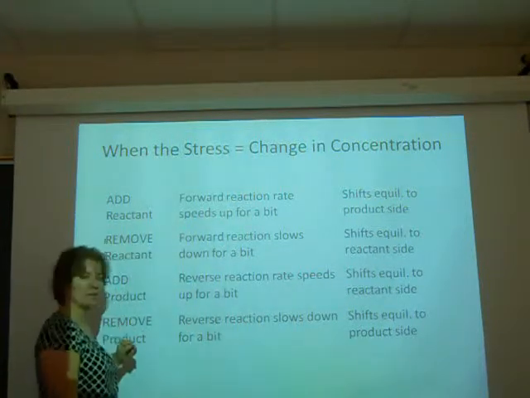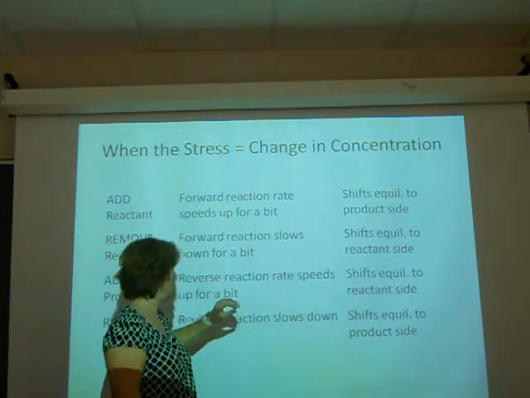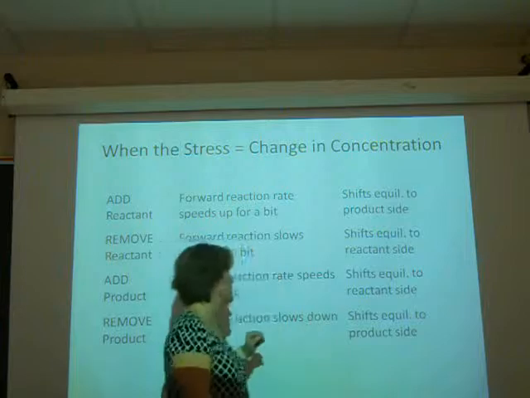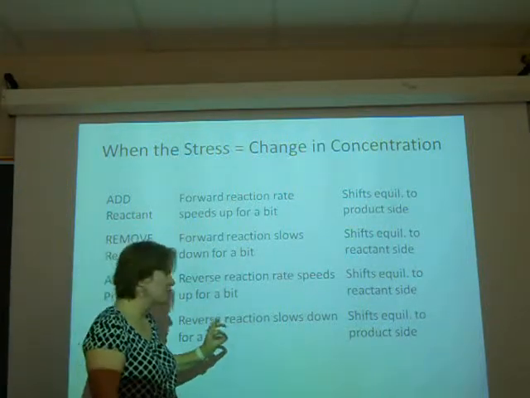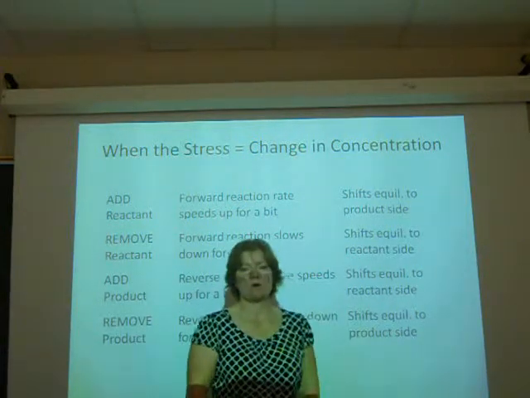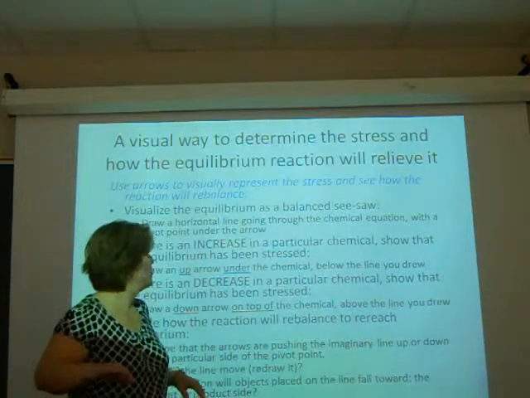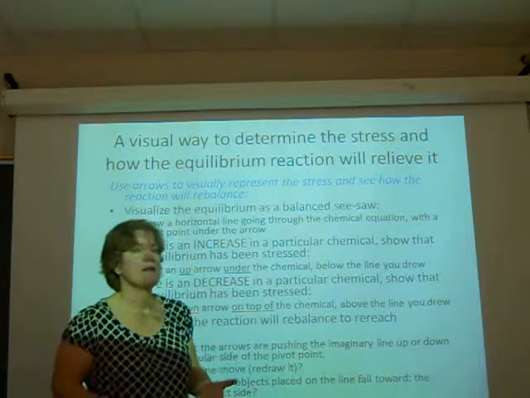If I add product, any one of the products, the reverse reaction speeds up for a little bit, and it shifts the equilibrium to the reactant side. If I remove product, the reverse reaction slows down for a tiny bit until it reaches equilibrium again, and it shifts the equilibrium to the product side. So there are 4 possibilities.